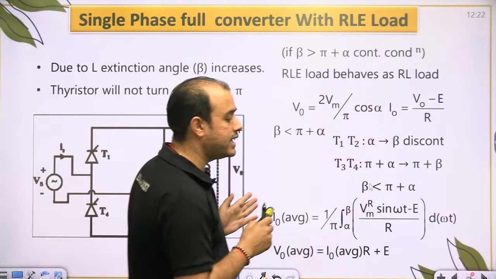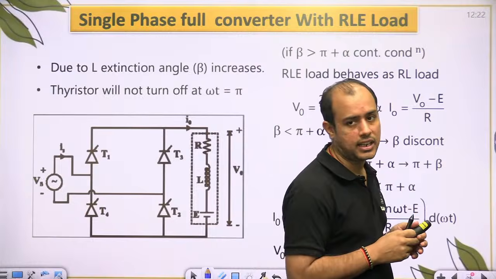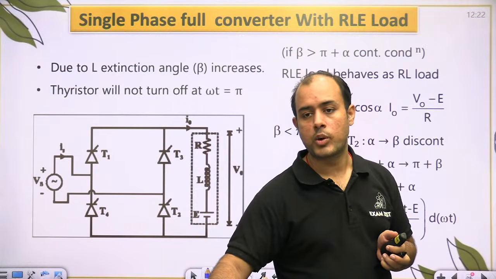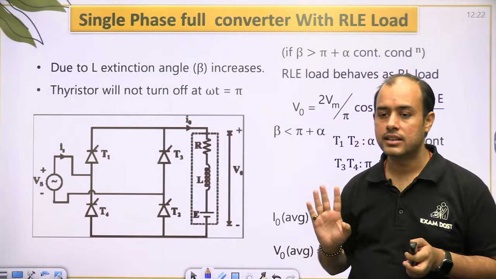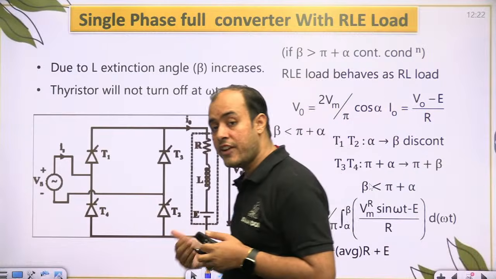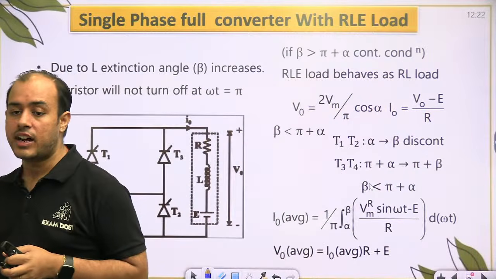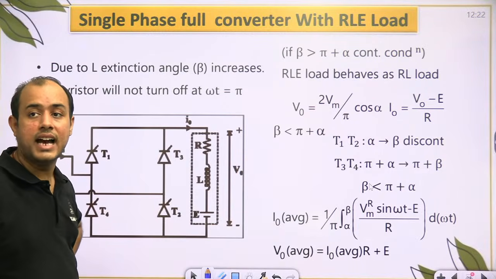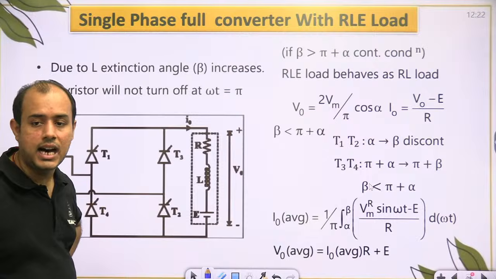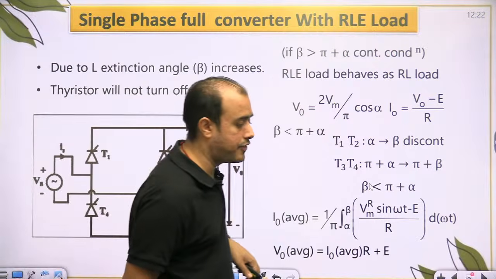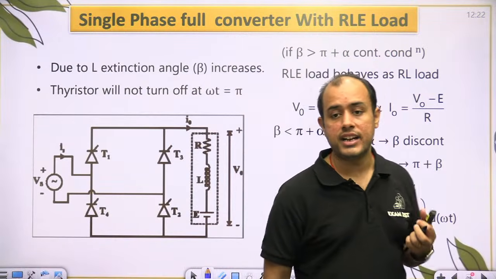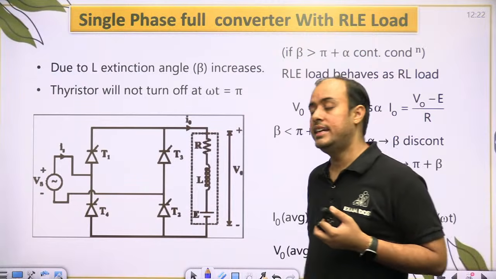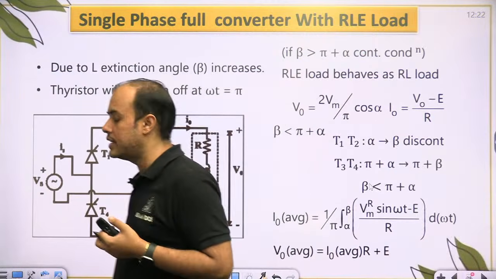We know this: if T1, T2 are starting at alpha, T3, T4 are going to start at pi plus alpha. Correct? But if the conduction of T1, T2 goes beyond pi plus alpha, that is, if beta is more than pi plus alpha, then before T1, T2 can stop, T3, T4 will start to conduct.